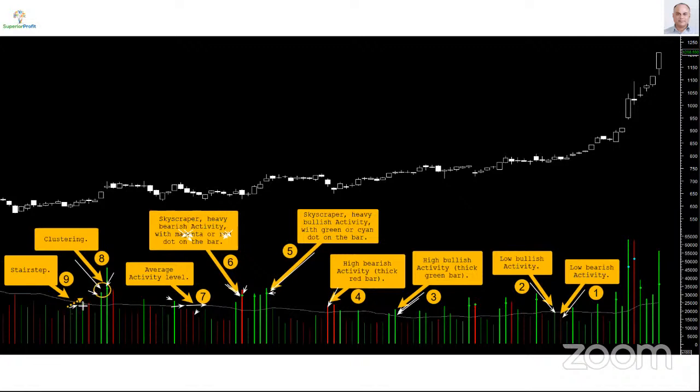And this is an example of stair stepping where volume is gradually going up. It's still below average, that's fine, but it is gradually going up. So here we see stair stepping, here we see clustering, here also we see clustering. So sometimes if you see clustering, so much high volume came in for successive days, it means bulls were totally in control.